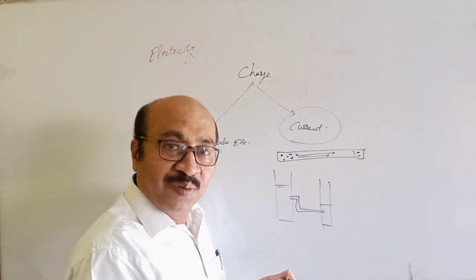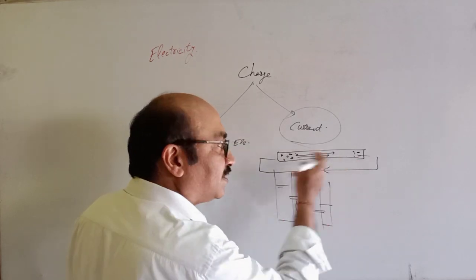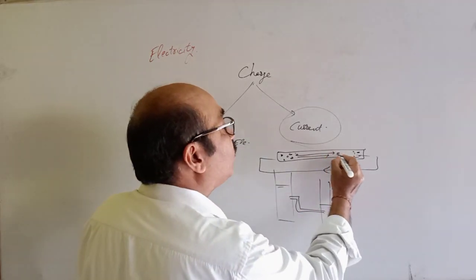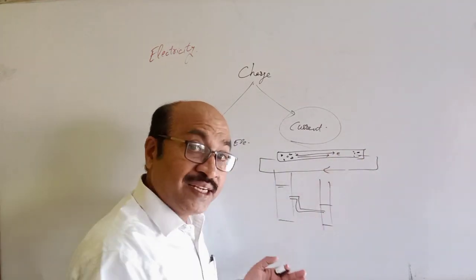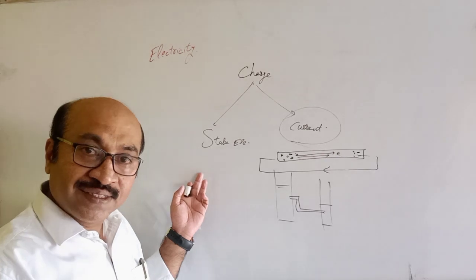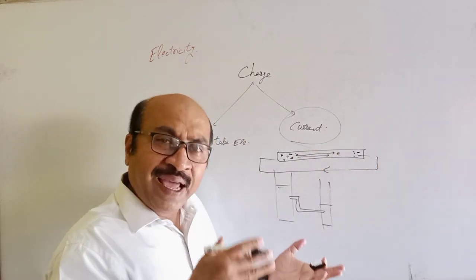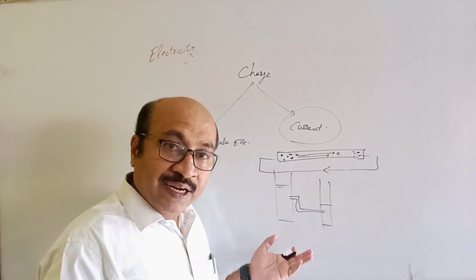But the conventional direction of the current is just opposite to that. The prior condition is that electrons have to move. That's a current. If the electrons don't move, what is that called? That is called static electricity. But when the electrons are moving, anything which moves is called current. It may be the water current or the electron current.